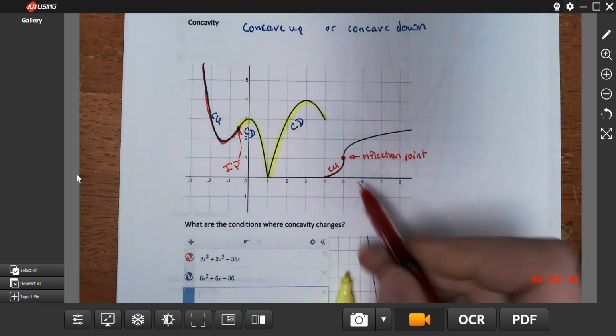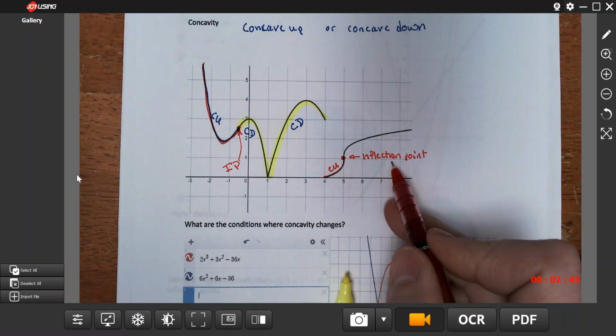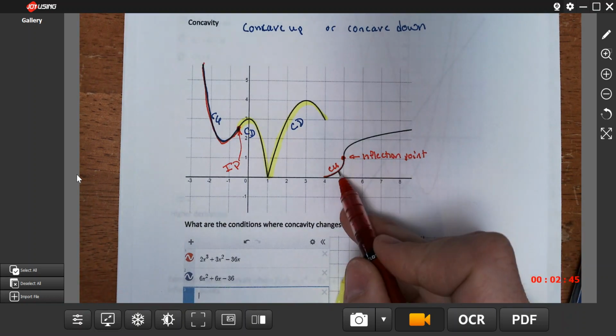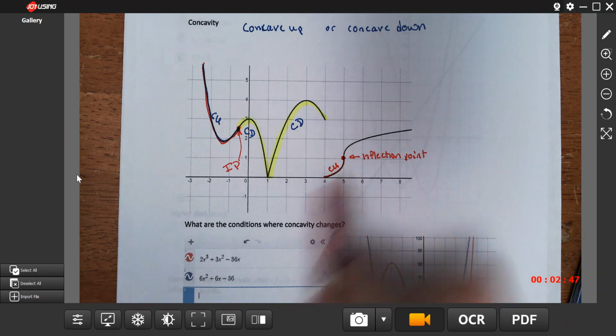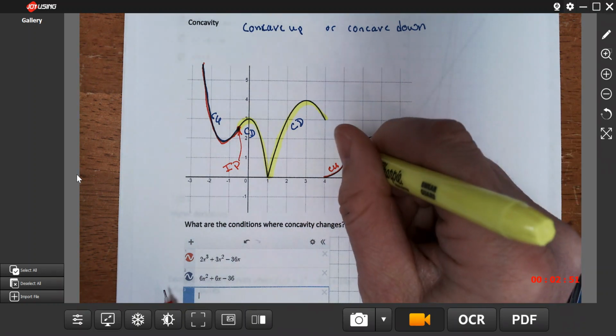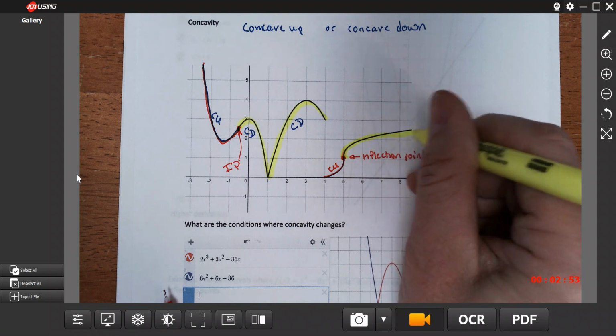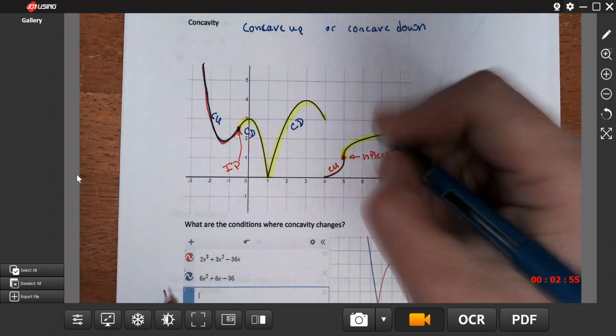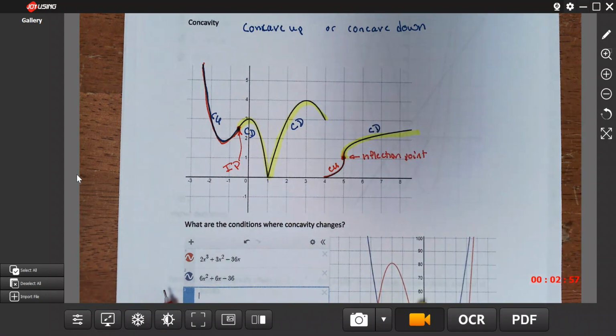I'll use IP for inflection point. The curvature changes. That's literally what inflection point means. So this is concave up, and right at that inflection point you can see that the curvature changes and the curved part is facing down, so that region is concave down.